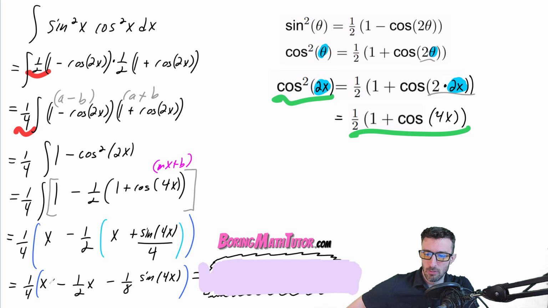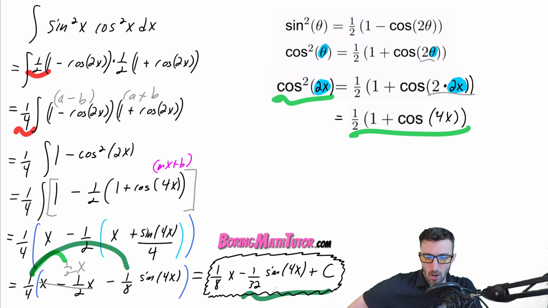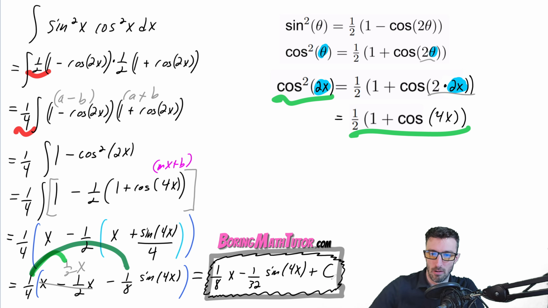What would that turn into? Well, that would just turn into 1/2 x. And then when I multiply the 1/4 times the 1/2, that gets me 1/8. And when I multiply the 1/4 by the 1/8, that gets me 1/32. And I can't forget to put my plus c. And now we are done with the problem.